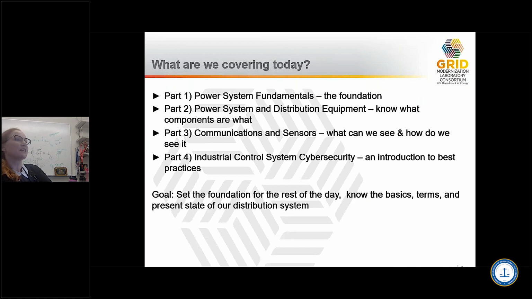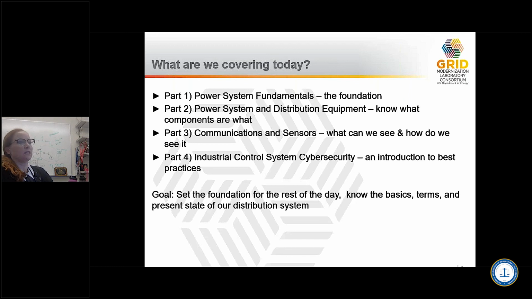Yeah. So we've got this in 4 parts here. I'm just quickly introducing before we move on to Kevin, who's going to talk about system fundamentals, so what the basics are of how electricity and power flow actually works. What the power system looks like in the distribution equipment, knowing which components are what. I'm then going to talk a little bit about communications and sensors, which is basically what we can see and how we actually see it.